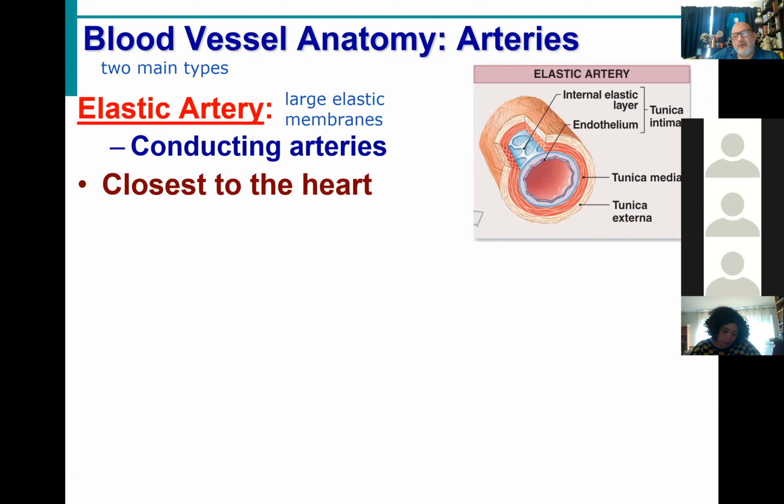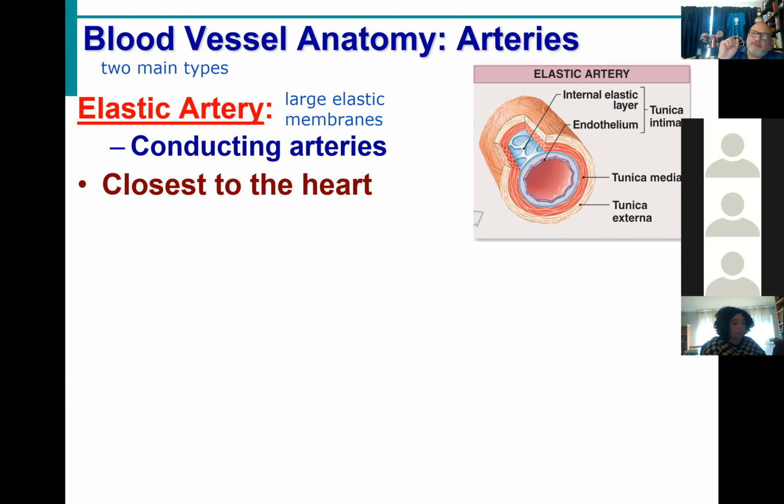Because as we mentioned, the heart is indeed a pump. It is not like a faucet where you turn it on and you have a continuous flow of blood, right? As we know, the ventricle contracts, and when it contracts hard enough, it ejects that blood out. And so we get a large bolus into that blood vessel, and it needs to be able to stretch to accommodate that.